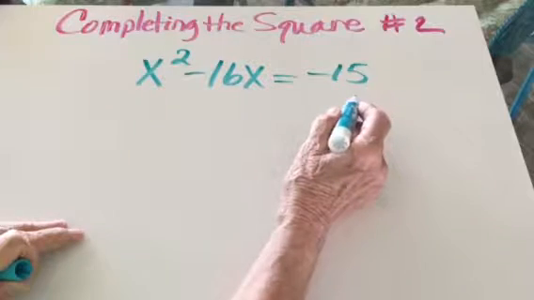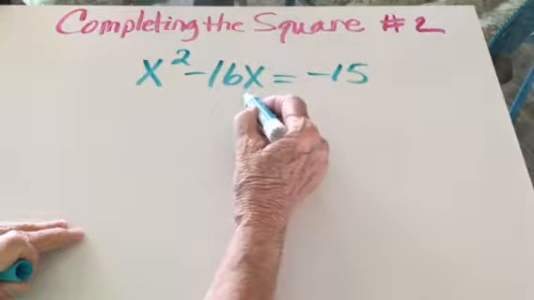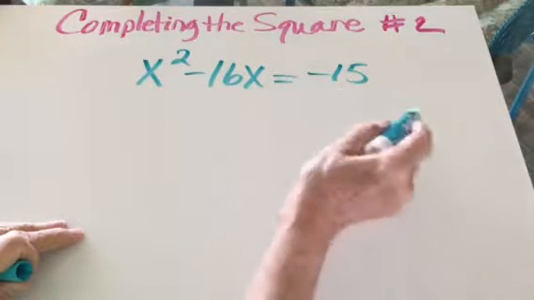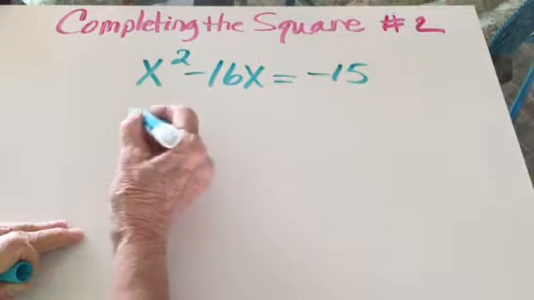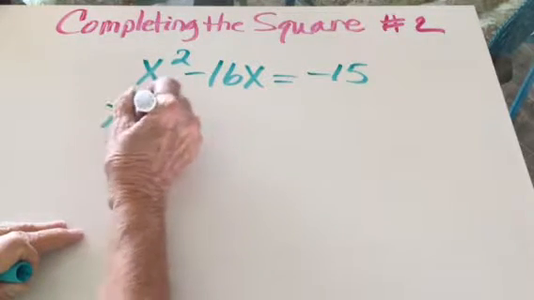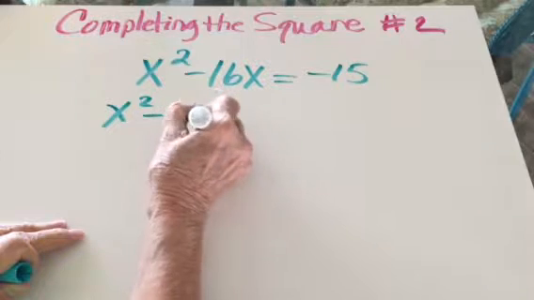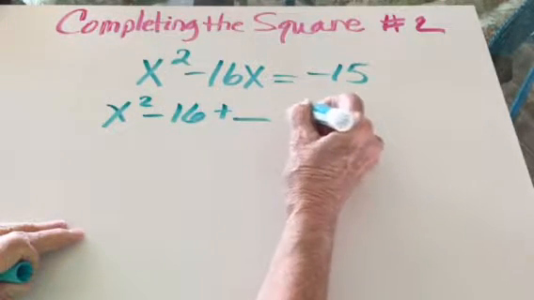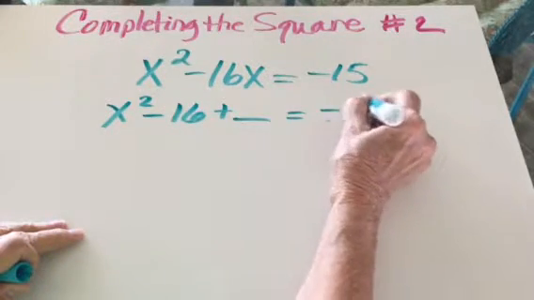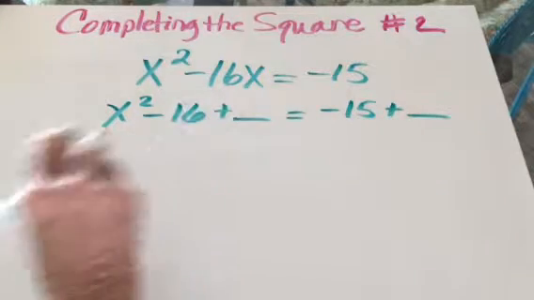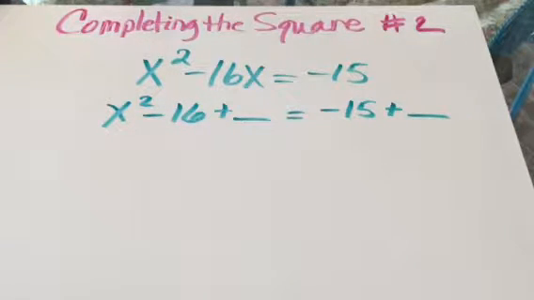And there's a bunch of ways to do this. I could bring this 15 over here to start, but let's just go ahead and leave it over there for right now. All right, so I'm going to say x squared minus 16x plus something equals negative 15 plus something. Okay?